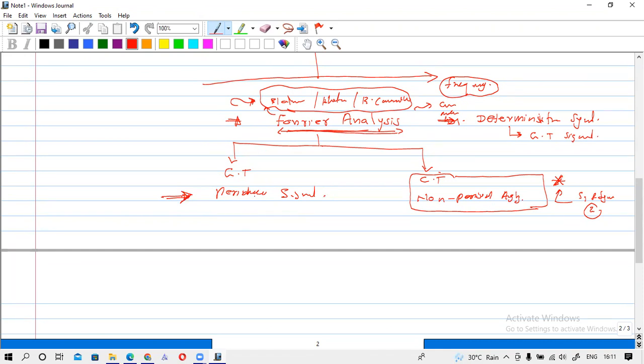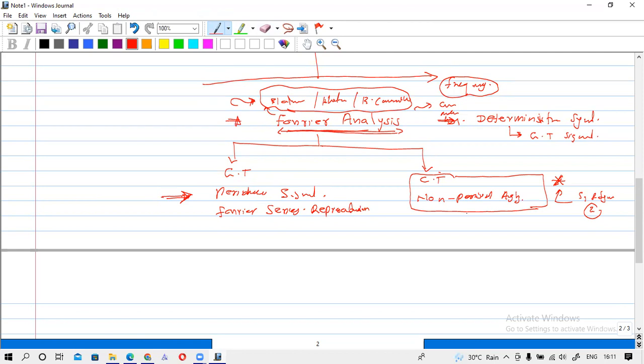When we are dealing with the continuous time periodic signal, we call it Fourier series, or Fourier series representation.